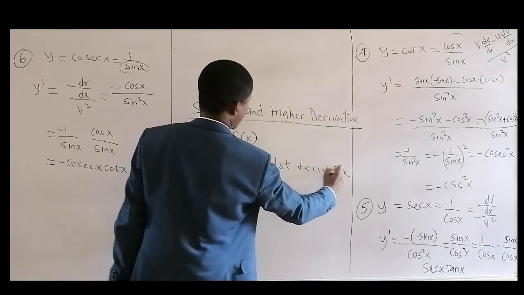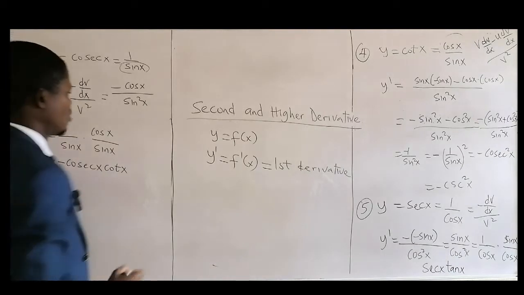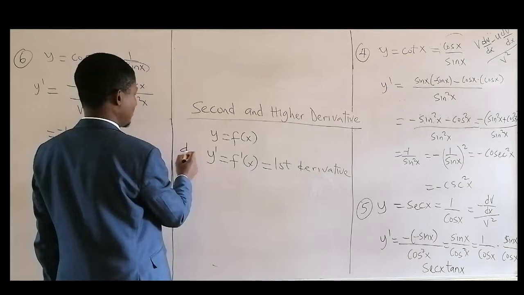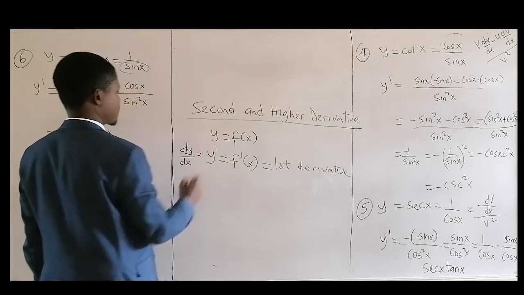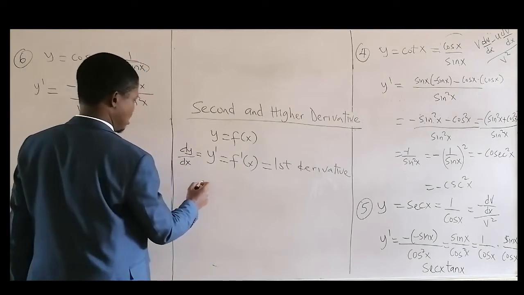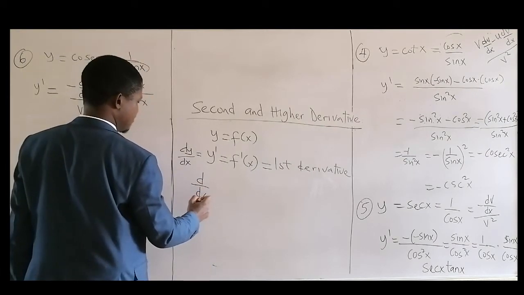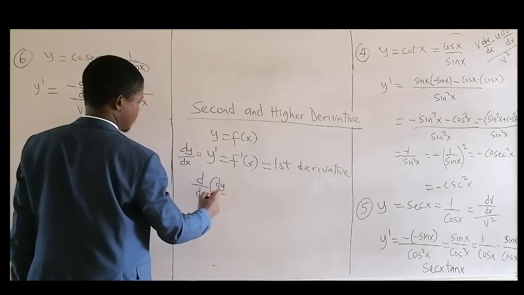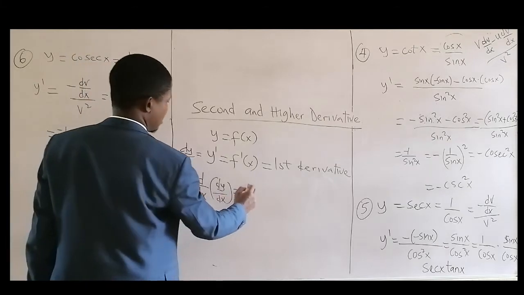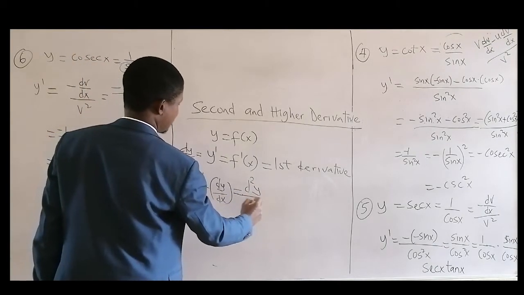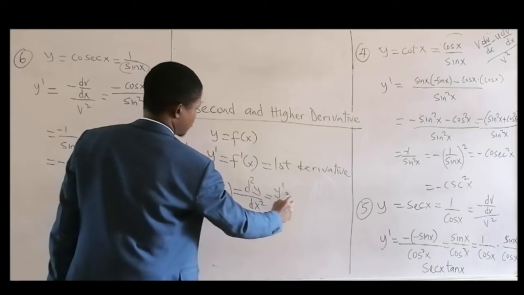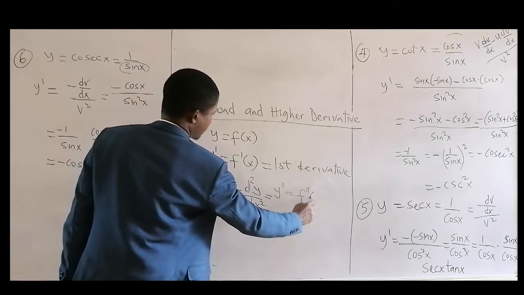Then the second derivative is you differentiating your first derivative again: d/dx of dy/dx gives d squared y over dx squared, which is the same as y double prime, or f double prime of the function.